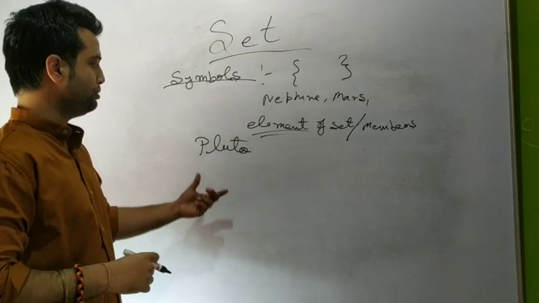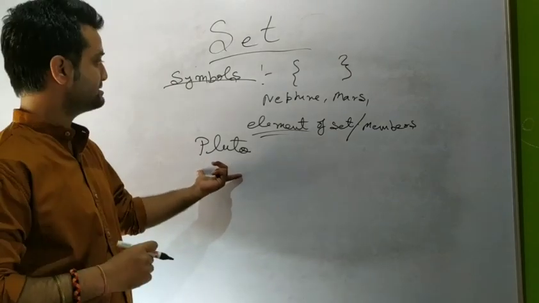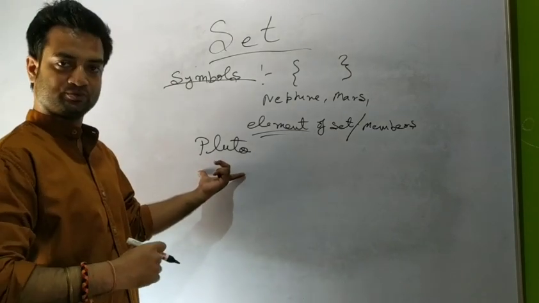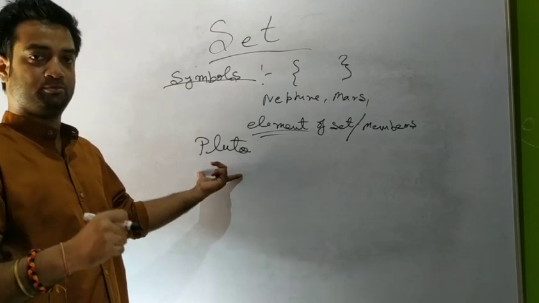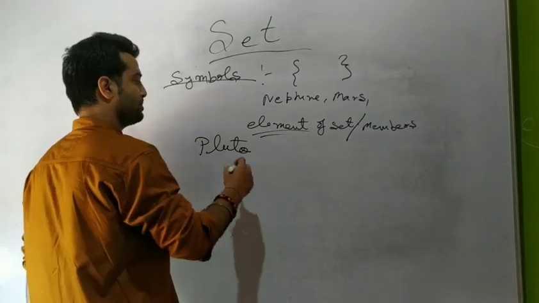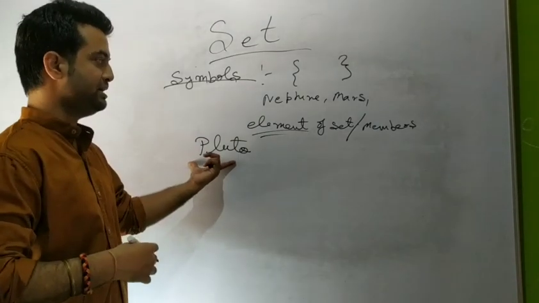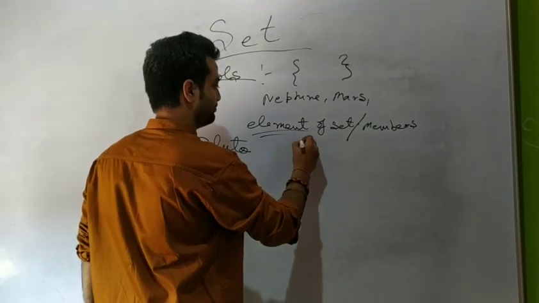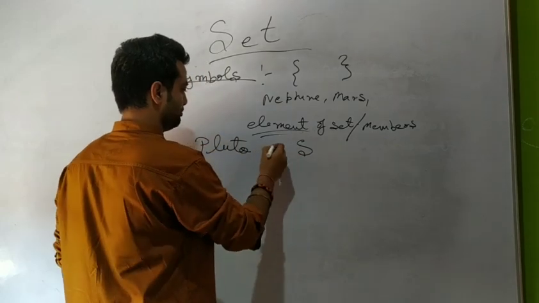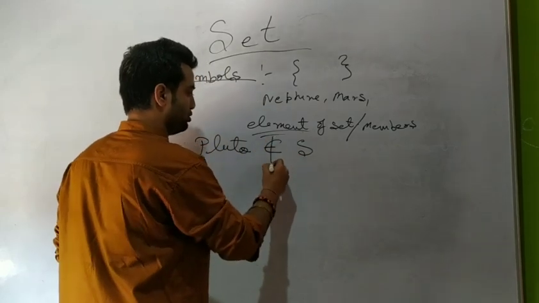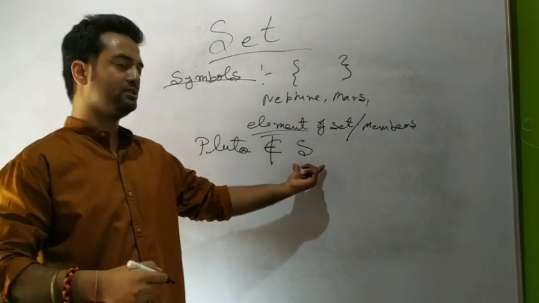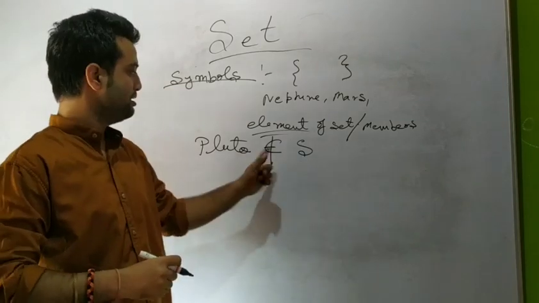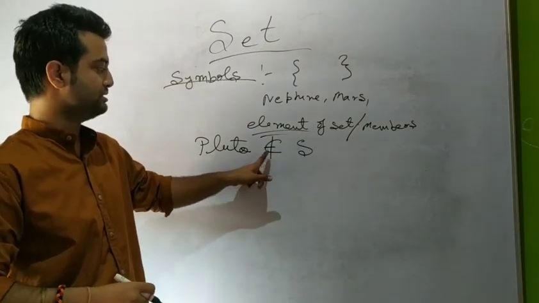Suppose I ask you whether Pluto was included in the set of the planets of the solar system or not. You will say no, Pluto was not included. So whenever any element belongs to the set or not, suppose we name that set as S, Pluto was not included in the given set. For not included, we use this symbol.